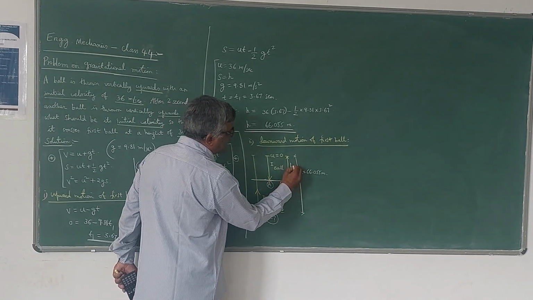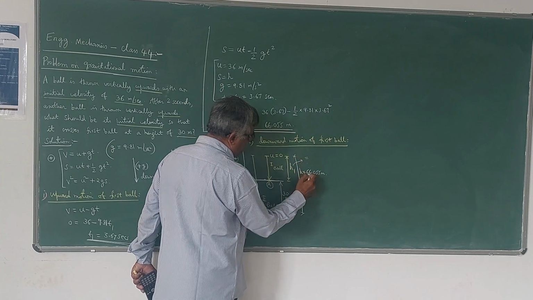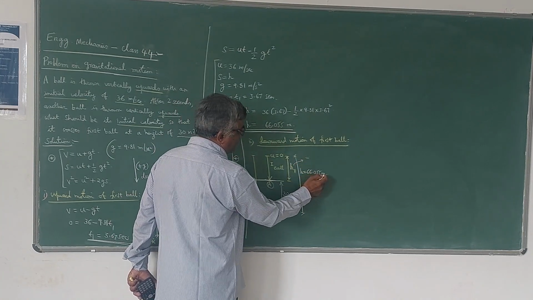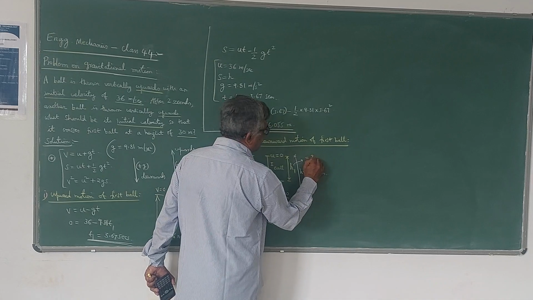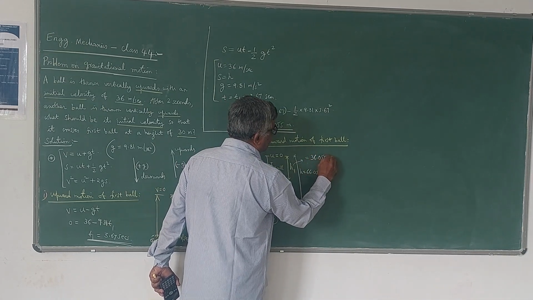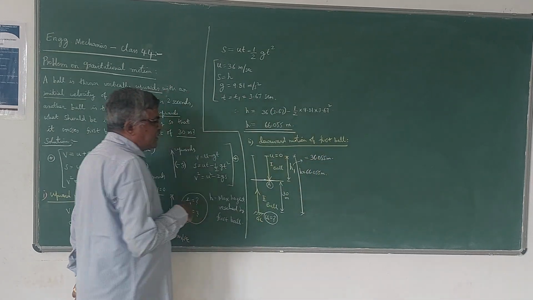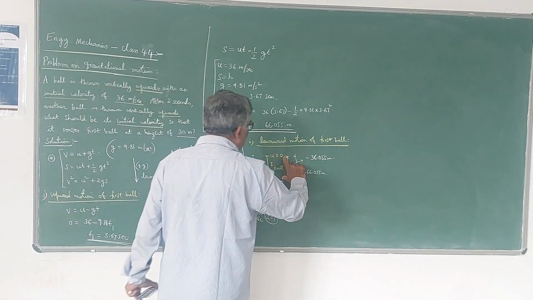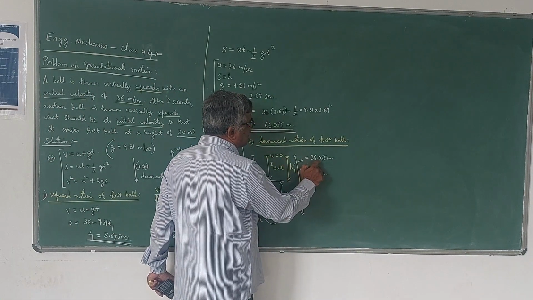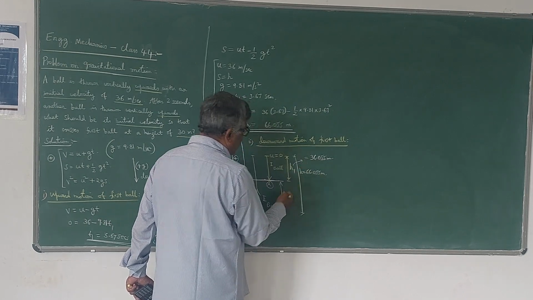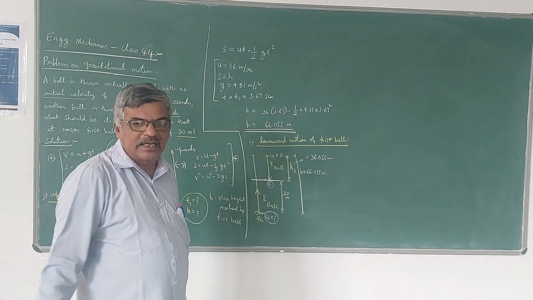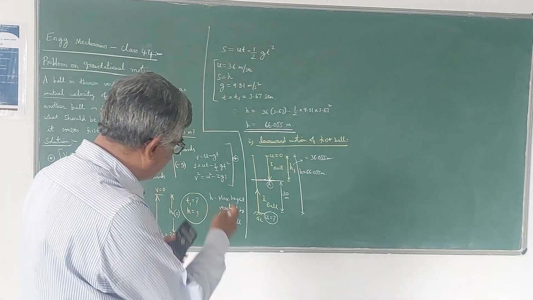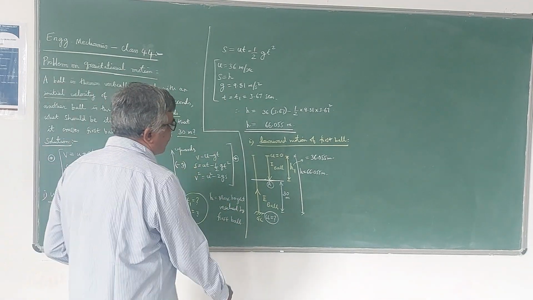Therefore, h1 will be 66.055 minus 30, which is 36.055 meters. That means the first ball has fallen a distance of 36.055 meters before it crosses the second ball.